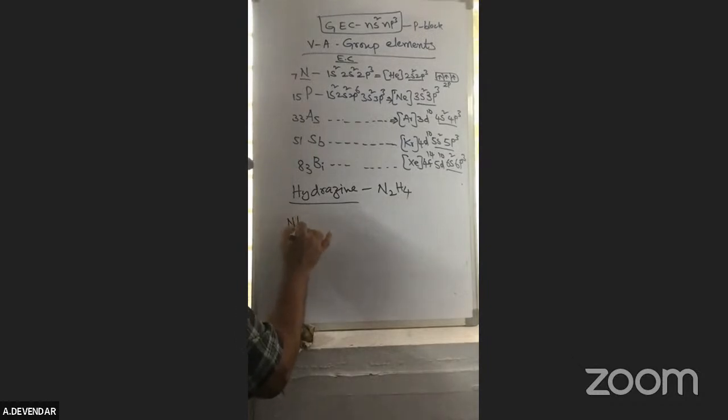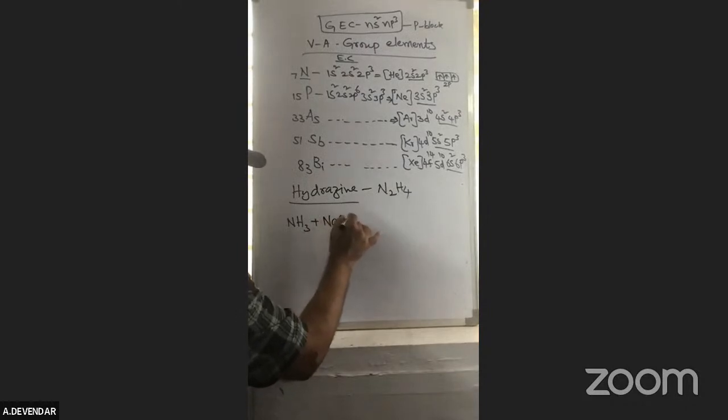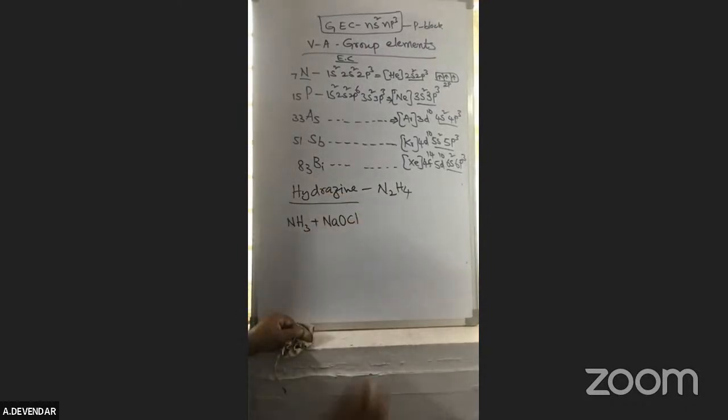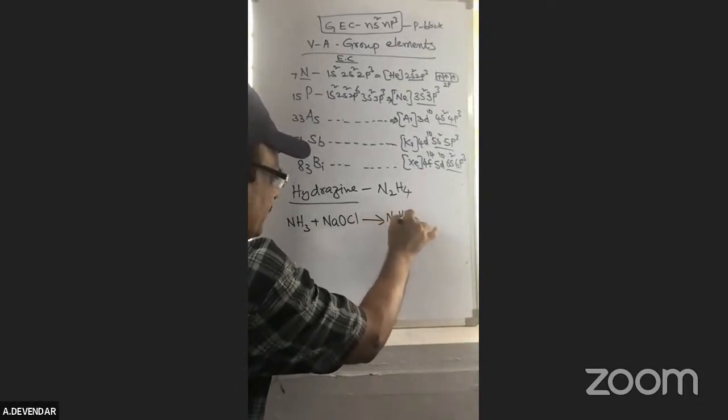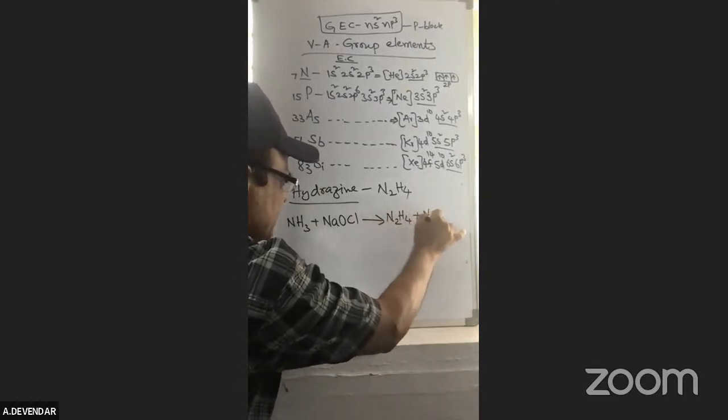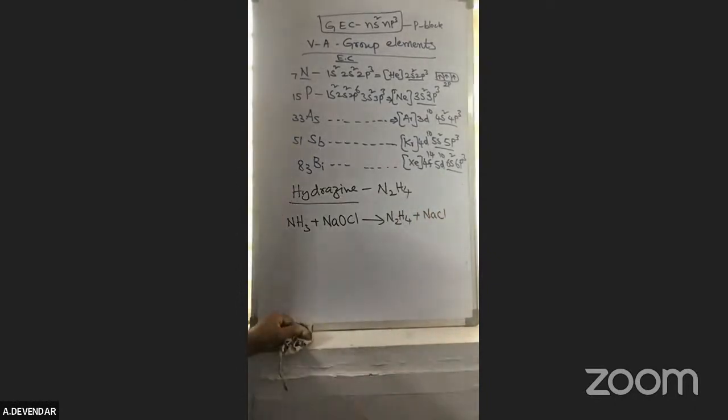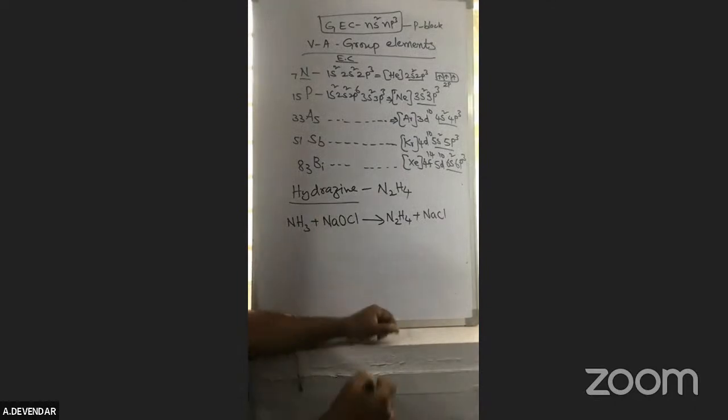Ammonia, I'm writing, and sodium hypochlorite, NaOCl. Passing this, you get N2H4 and sodium chloride, and also a small amount of HCl is liberated.